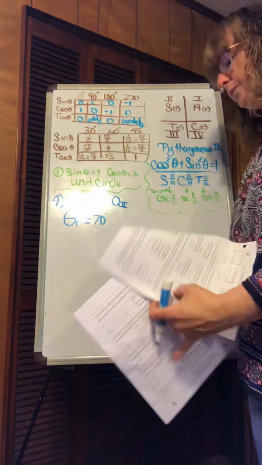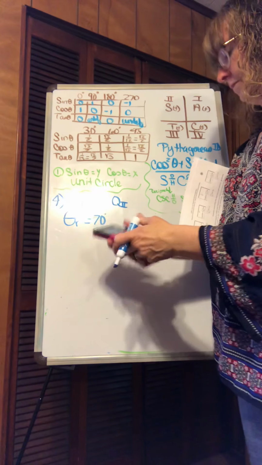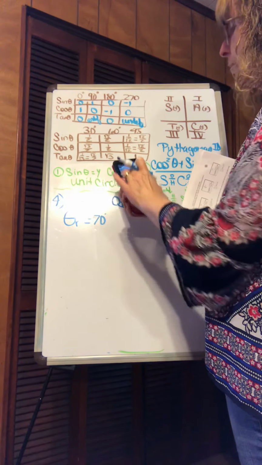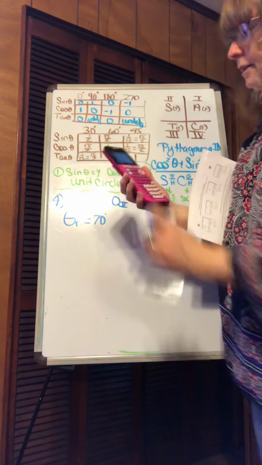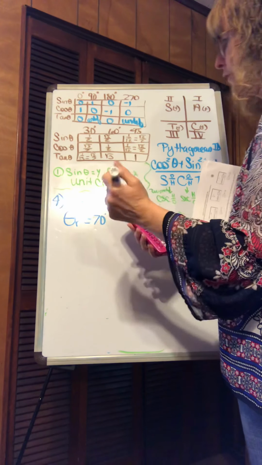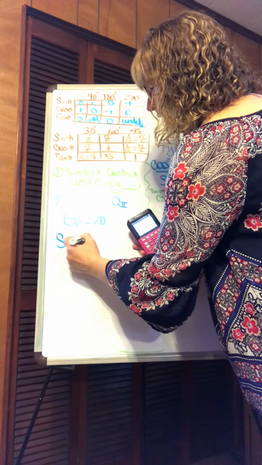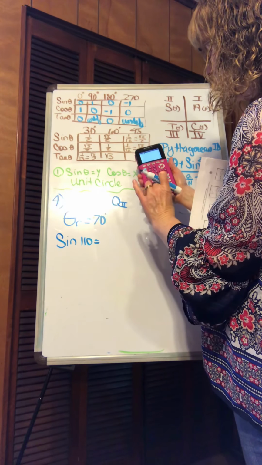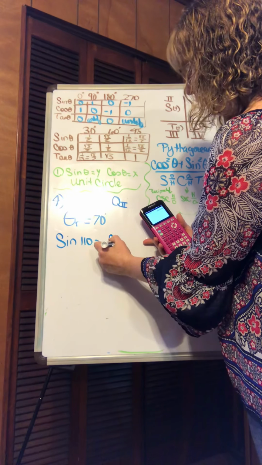So, being that I need to be in degree mode, again, check your mode, make sure you're highlighted in degrees. We want the sine of 110, so we type that in, just sine of 110, degrees, and you get roughly 0.94, they said round.